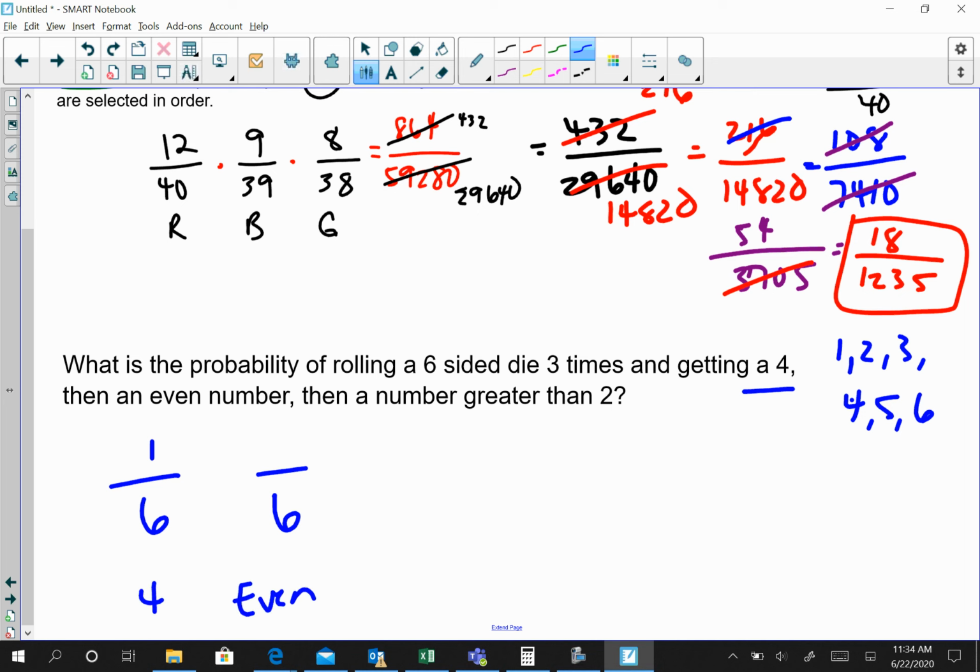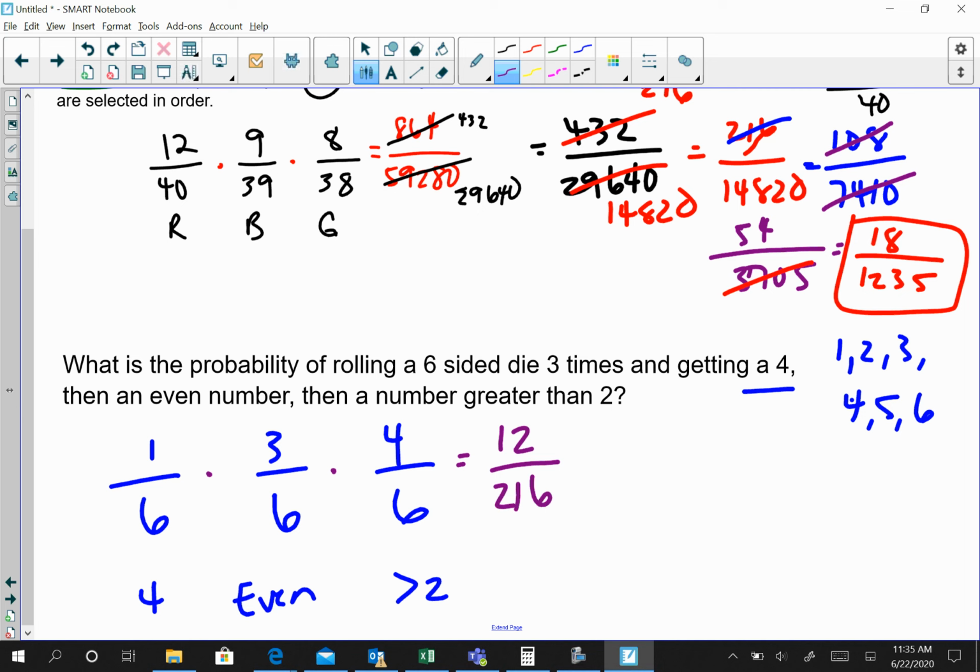Well, there are 2, 4, and 6, 3 evens. And then what's the chance that it's greater than 2? So 3, 4, 5, and 6 are all greater than 2. And what are we going to do? We're going to multiply these together. So I have 1 times 3 times 4, that's 12. 6 times 6 times 6, that is 216.